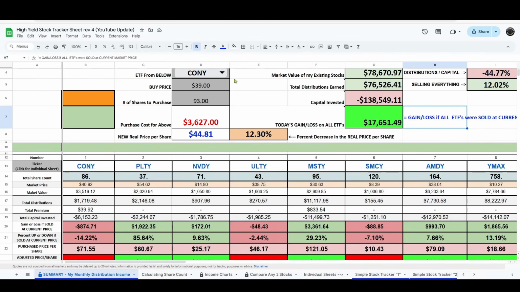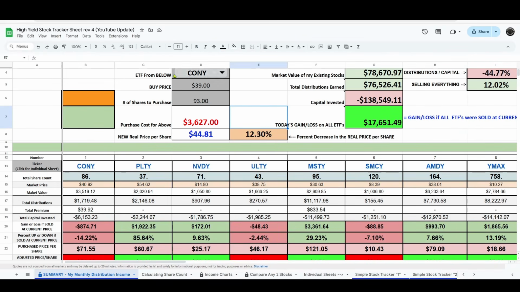But in CONY's case, if I was able to buy at a $39 price and I purchased 93 shares, that would cost me about $3,600, but it would drop my real price per share down to $44.81, which would get me a bit closer to that market price, so that if CONY started moving back up a little bit and I'm still earning those distributions, I can meet it somewhere in the middle and eventually, hopefully, move on down while CONY decided to trade sideways or keep moving up some.